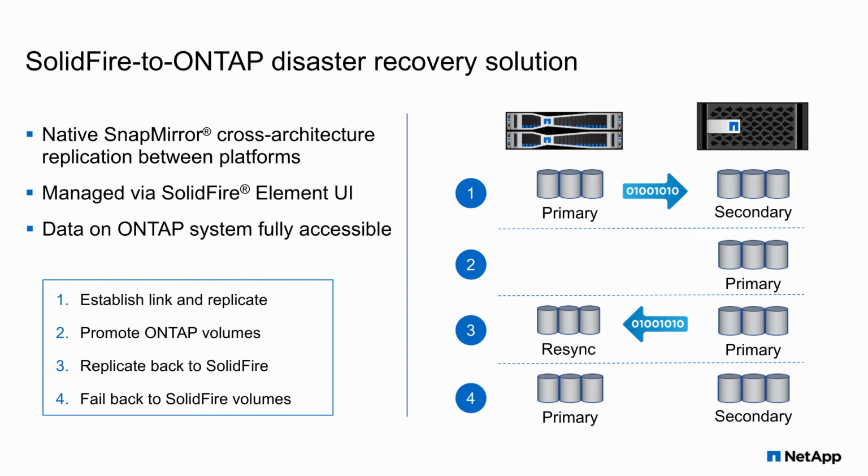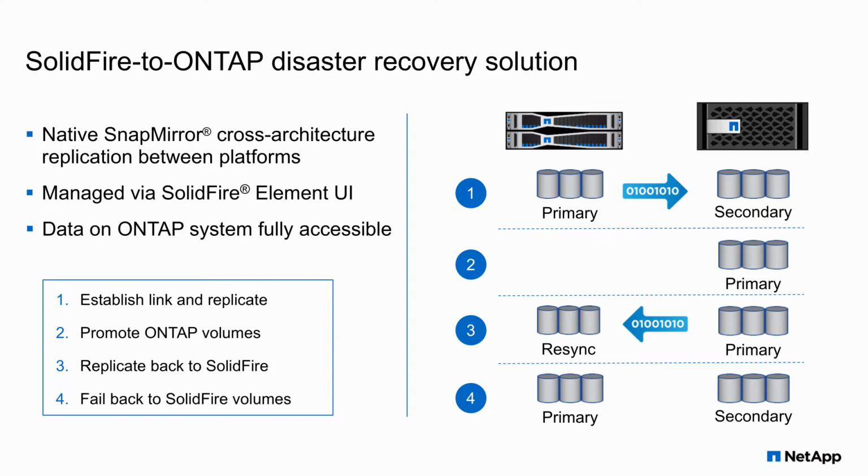The primary workflow that we're supporting here is you've got your HCI system and you want to replicate volumes over to ONTAP. So you'll set up volume relationships and replicate snapshots over either on a one-time or a scheduled basis. Once those snapshots reside on ONTAP, if for any reason you need to cut over to the ONTAP system and fail over, you can break the mirror, you can promote the volumes on ONTAP, and you can do full volume access on the ONTAP side.